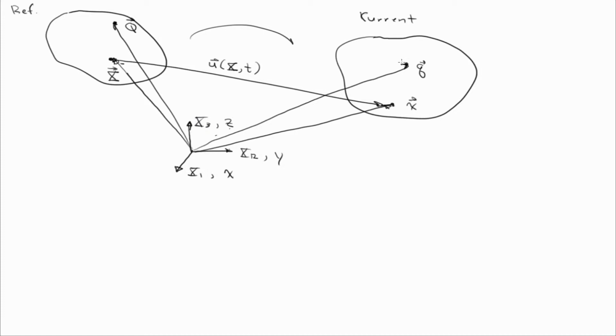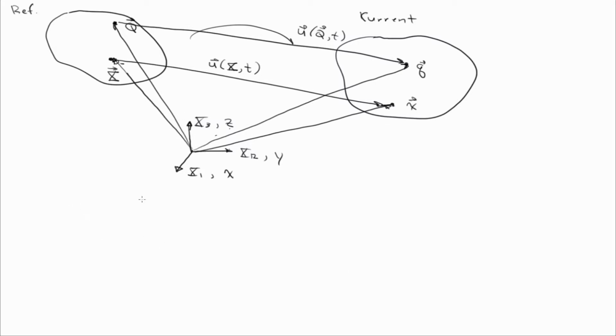All right. So the displacement between the two q's is also, you know, u, and this one is a function of big Q and t, right, where t is time. So we're just writing vectors, so through vector addition, it should be clear that I can write little x and little q from big X and u, right?